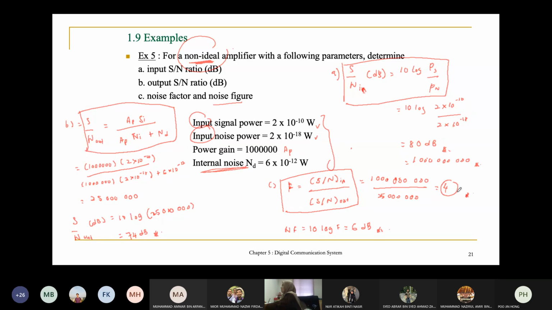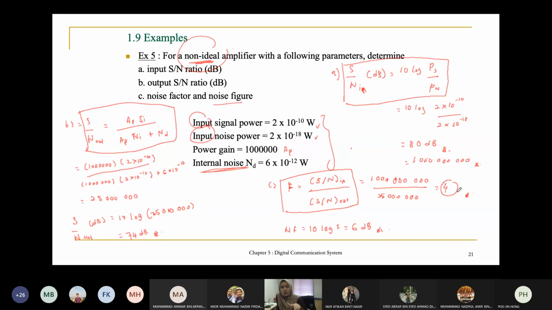Okay, so any question? Jadi FT tu apa benda pula? FT is noise factor total. Total noise factor. Yang ada yang Friis formula tu kan? Awak tanya tu kan? FT, that one is noise factor total.